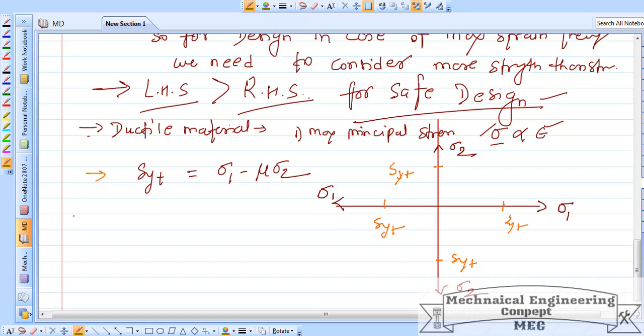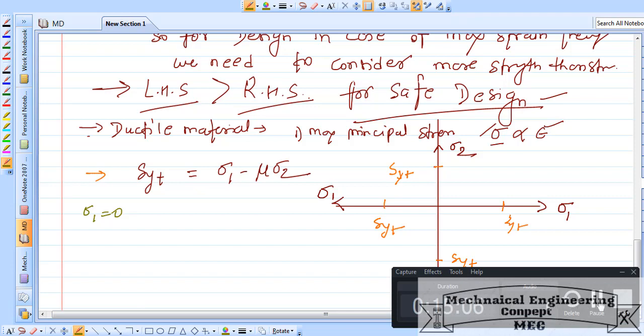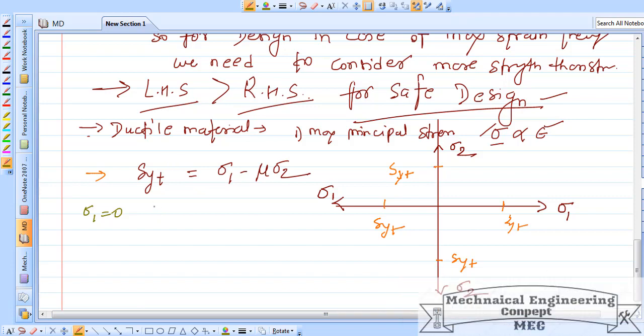So for calculation of that, first consider sigma 1 is equal to 0. Then minus mu times sigma 2 will become SYT, or sigma 2 can be written as minus SYT by mu. Now if we consider sigma 2 is equal to 0, then SYT is equal to sigma 1, which is representing this point on the sigma 1 axis.